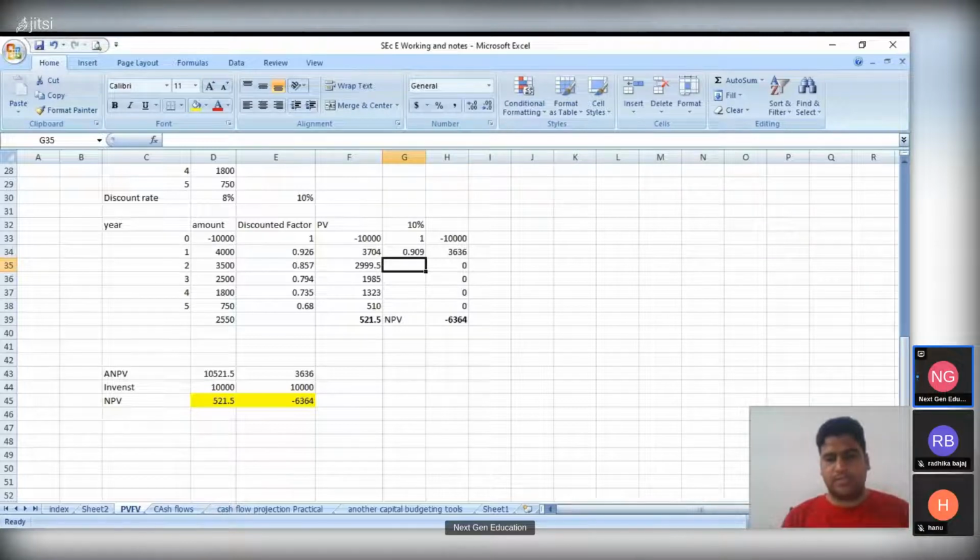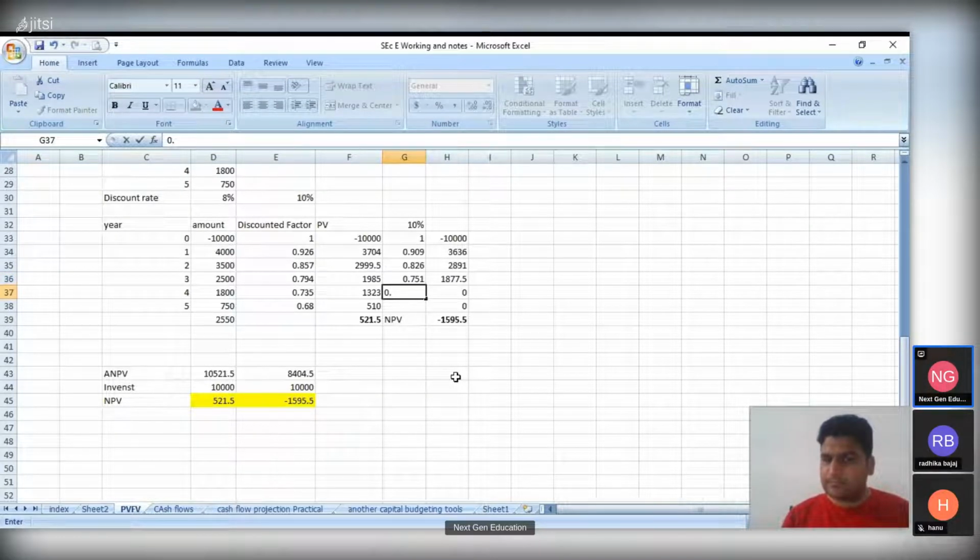Yes, Radhika, Anu, anyone? You are not with the calculators? 0.826. Okay, then the next one. 0.751. Then 0.683. Yeah.